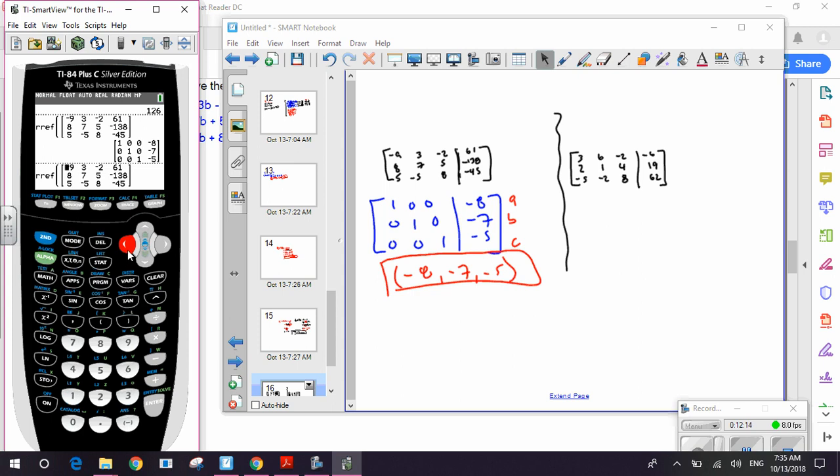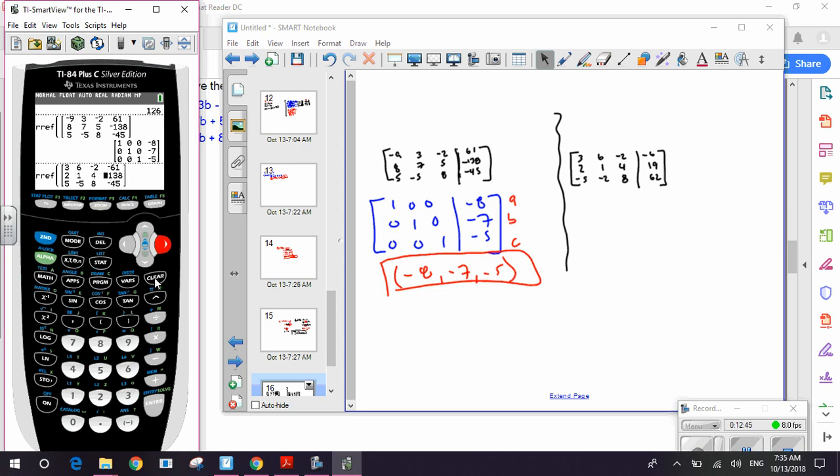I would hit clear and then retype. Okay, -2 can stay. And then I need a -6, a 2, 1, 4.